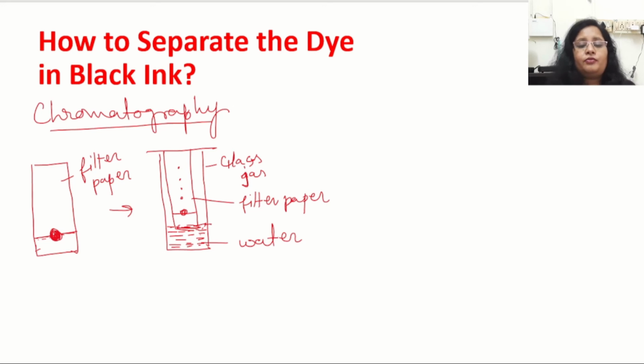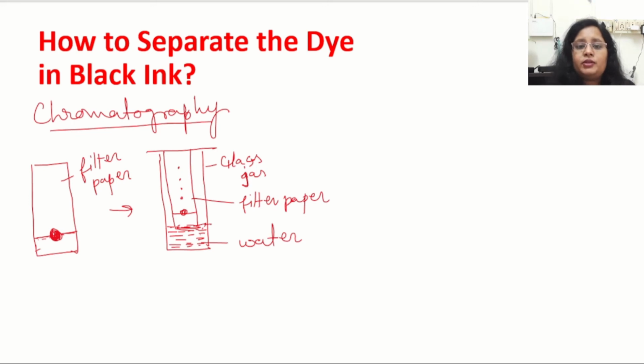So when the water rises, the soluble dyes also rise with the water on the filter paper, and the color component which is more soluble will go higher on the filter paper, and the colored component which is less soluble in the water will not rise very high on the filter paper.